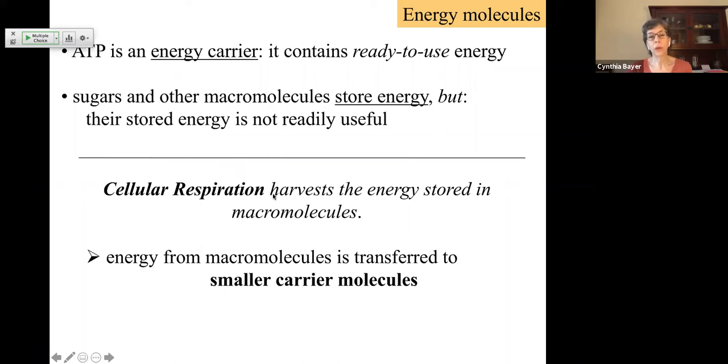And that's what we are looking at in our next chapter when we follow the different steps of cell respiration, the multiple processes really that are involved in cell respiration, the way that a cell will harvest the energy that's stored in macromolecules and transfer that energy to small carrier molecules, ATP plus temporarily other small molecules that we'll introduce today.